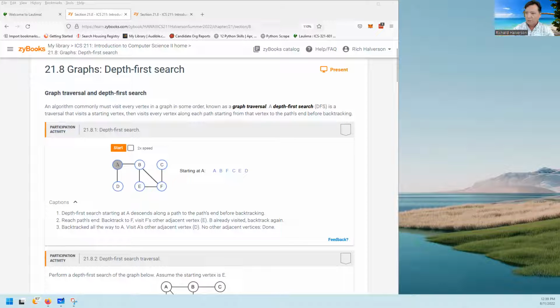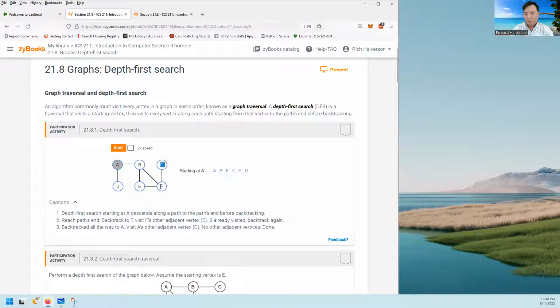if we're starting from node A, then if the next node we go to is B, then before we go back and visit D, we're going to go down all the downward paths from B. So we can go B, E, F, C, or we can go A, B, F, C, and now there's no place to go.